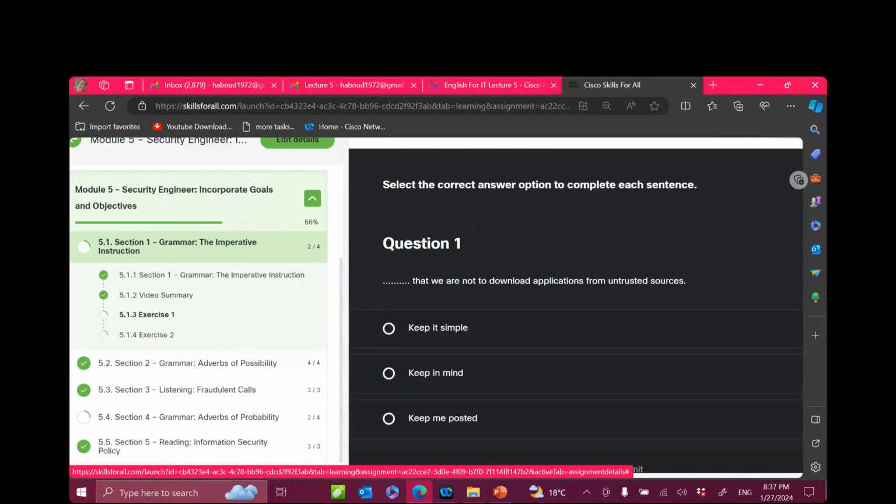Are you going to choose keep it simple, keep in mind, keep me posted, that we are not to download applications from untrusted sources? What do you think? Keep it simple, keep in mind, or keep me posted?